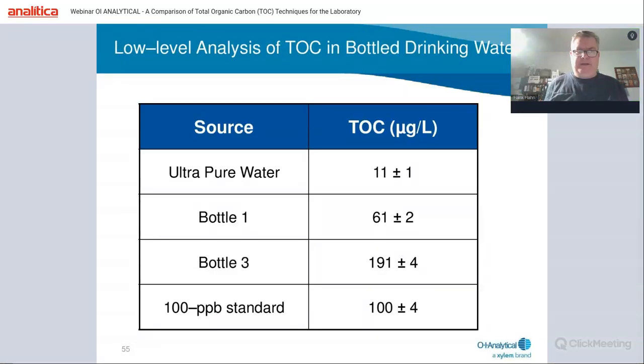This is low-level analysis of TOC in drinking water, bottled drinking water. We're often asked how our instrument does at low levels. We believe that heated persulfate analyzers are a technique of choice for low-level TOC, and these results show that.